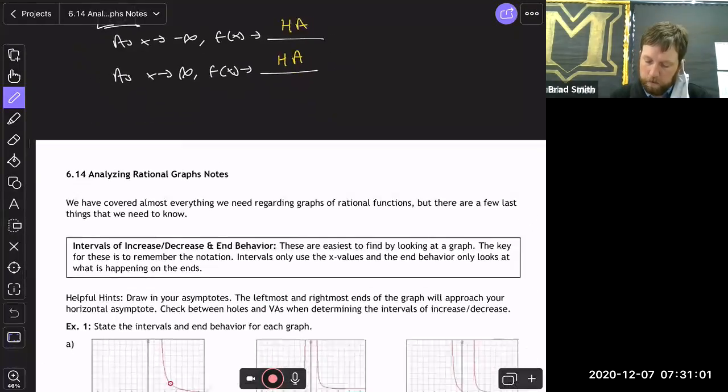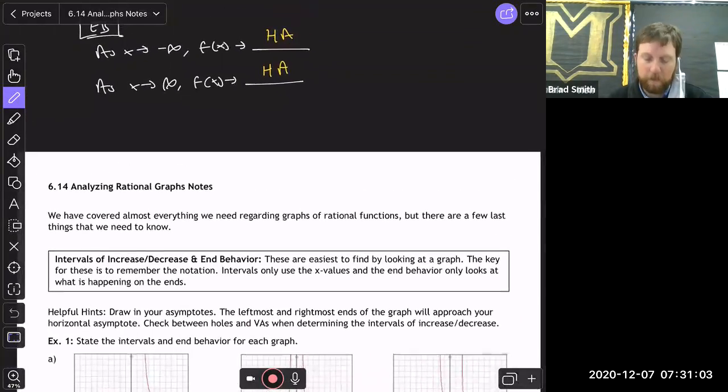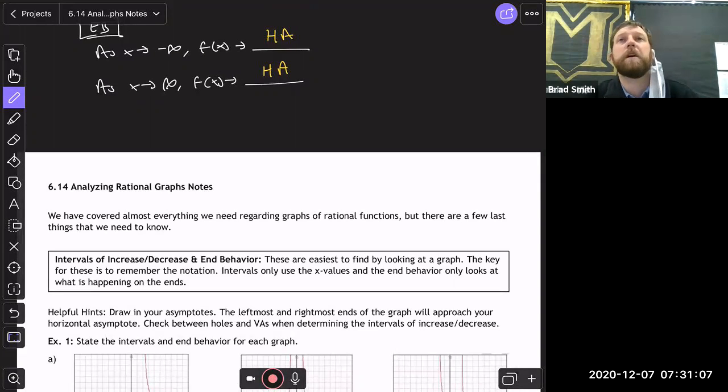So if you're looking here, we've covered almost everything we need to know. The key for these is to remember the notation. I wrote the end behavior above, and we're looking at that. So helpful hints, draw your asymptotes. The leftmost and rightmost graph are going to approach your horizontal asymptote.